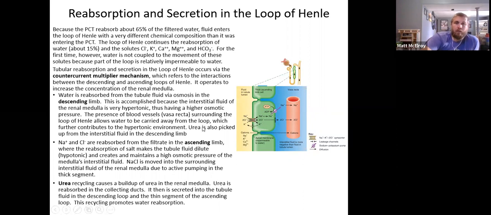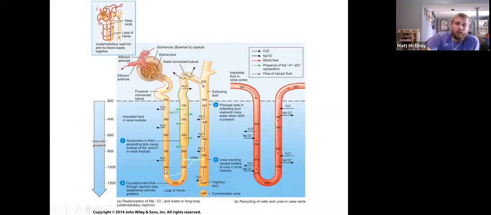Now, that urea that we are picking up in the thin segments, so we're secreting it, is actually being reabsorbed in the next door collecting duct. So that urea gets picked up, and then we eventually travel the filtrate down into the collecting duct where we're almost at the point where we can call it urine.